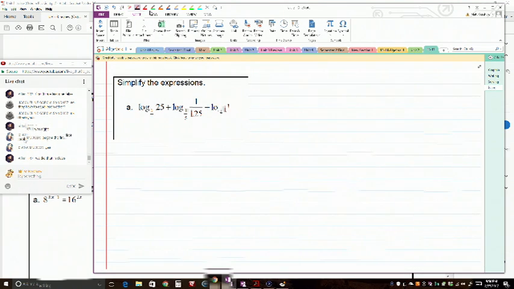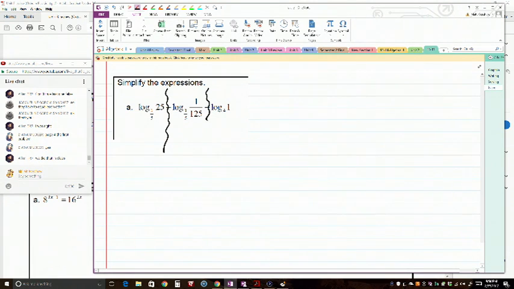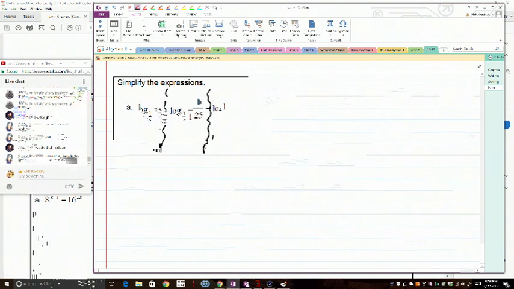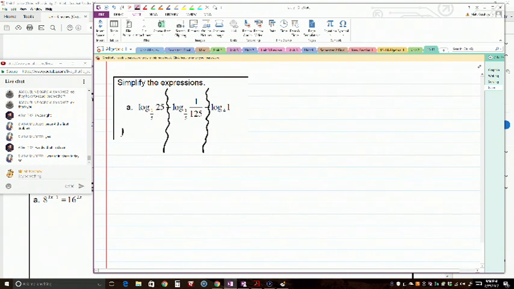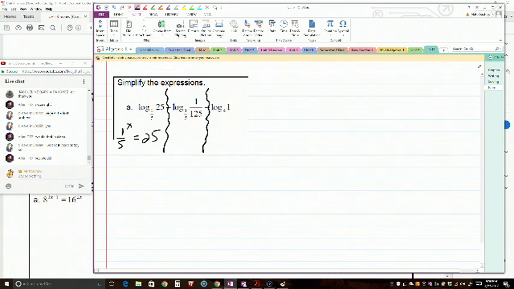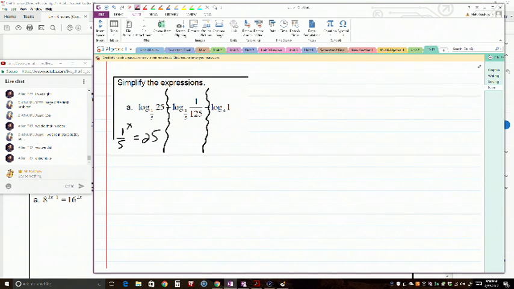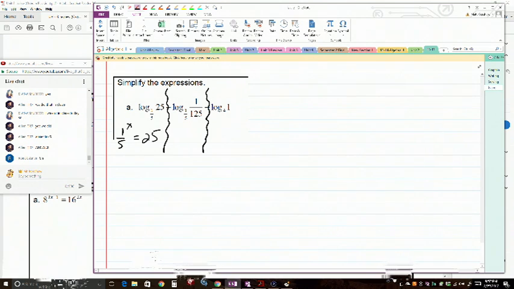All right, so see 1/5 and 25. 1/5 to what power? No, we didn't. 1/5 to what? Okay. So 1/5 to what power is 25?